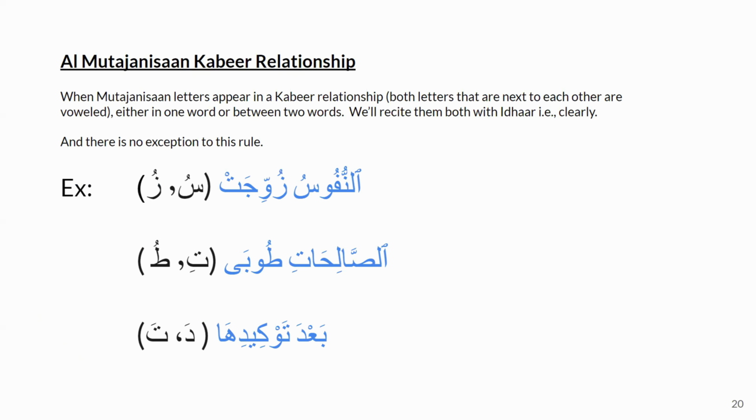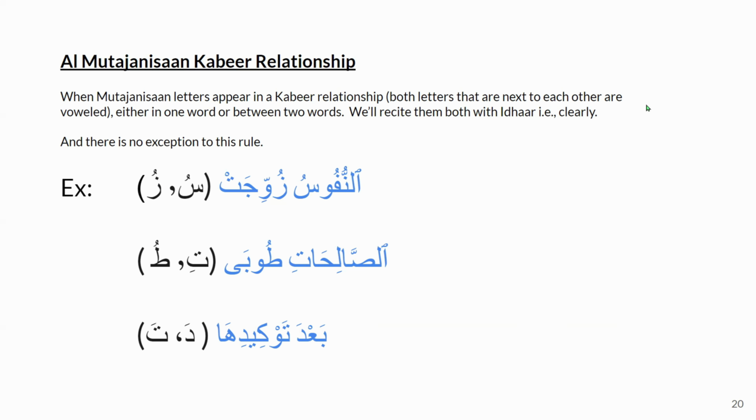And when Mutajaanisaan letters or two similar letters appear together in a kabir relationship, where both of the letters that are next to each other are voweled or mutaharrik, either in one word or between two separate words, we will recite them both with idhar, that is clearly at all times, and there is no exception to this rule. And we call this idhar mutajaanisaan kabir relationship.